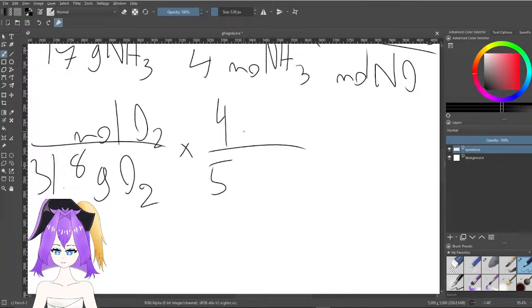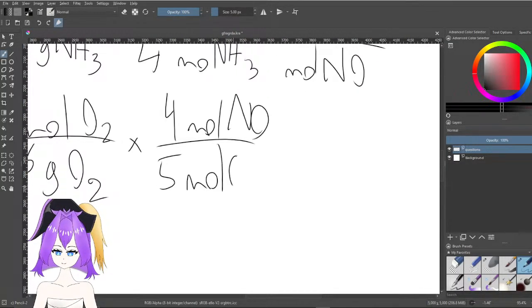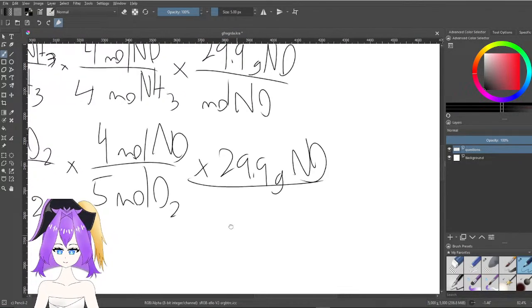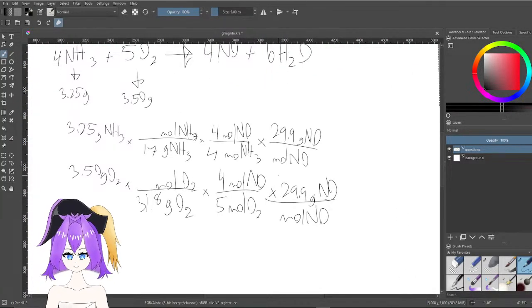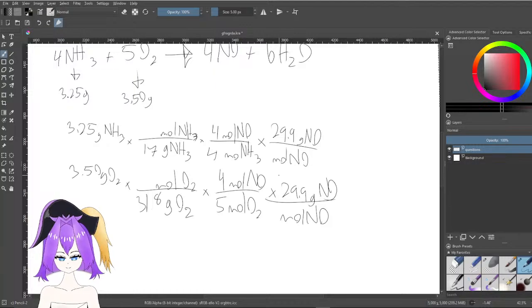Maybe 5 to 4. Moles of NO, moles of O2, times 29.9 grams of nitrogen oxide. Boom, boom, boom. Divided by 17 times 29.9. This gives me 5.71.